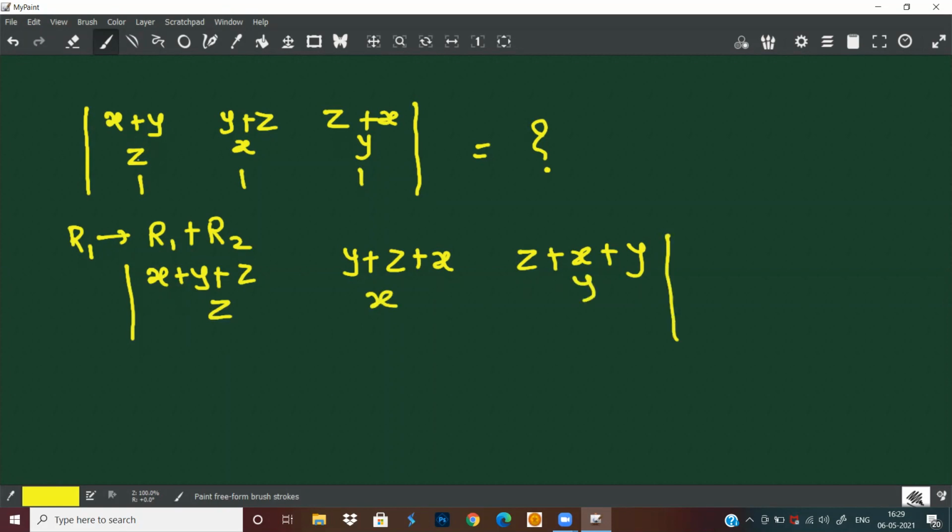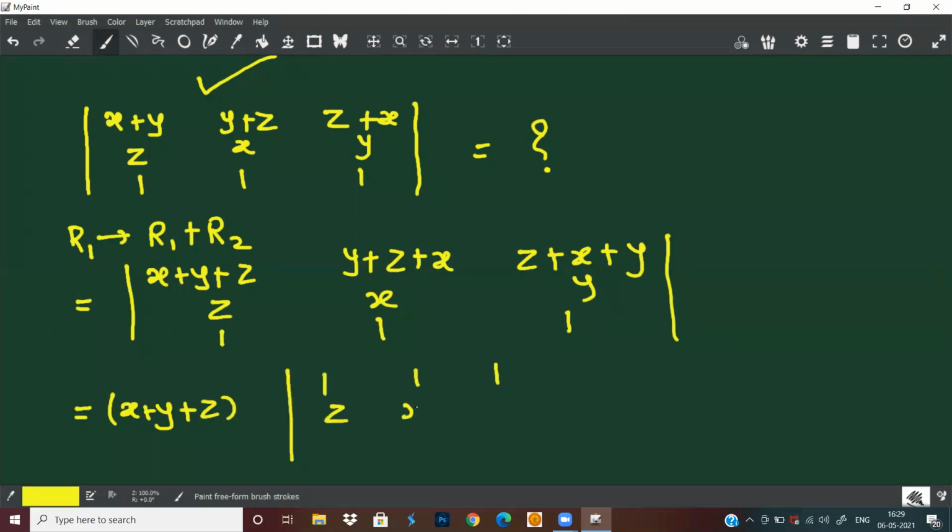So I added z to this, I added x to this, I added y to this. And I came up to this determinant. So the value of this determinant is the same as the value of the given determinant. Now, if I take x plus y plus z common from the first row, I will have 1, 1, 1; z, x, y; and 1, 1, 1.